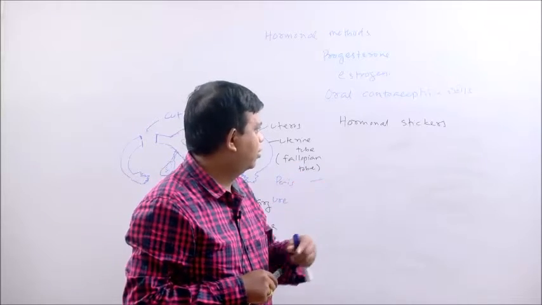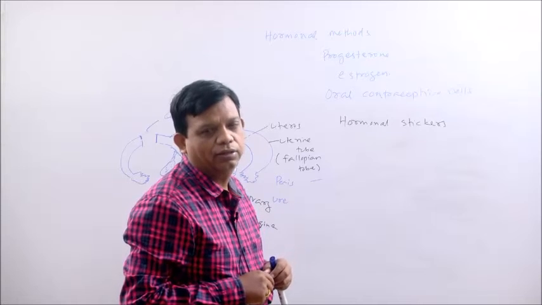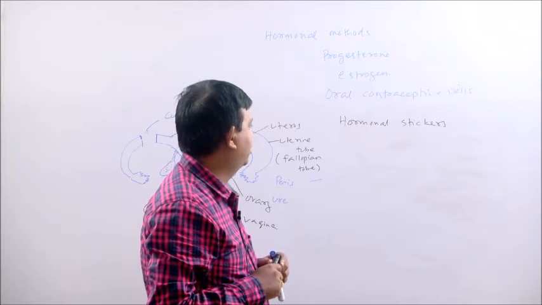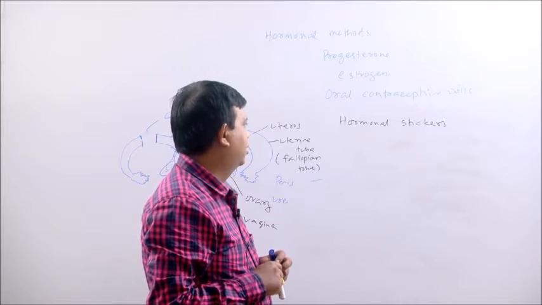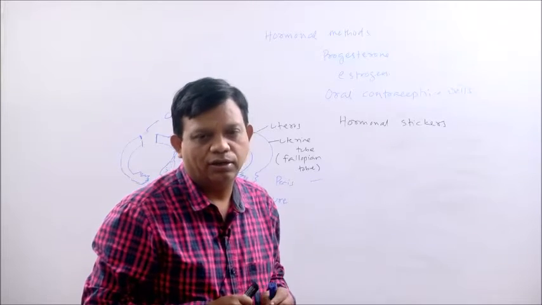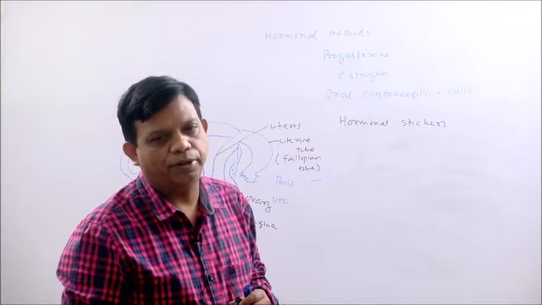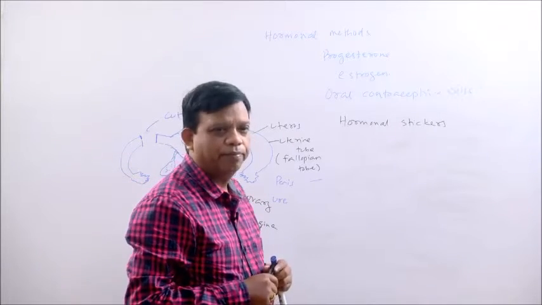These hormonal stickers contain the hormones progesterone and estrogen. These are applied on the skin of the female for 3 weeks. Every week the sticker needs to be changed, and the place where it is applied should also be changed every week. Then in the 4th week it is not required.